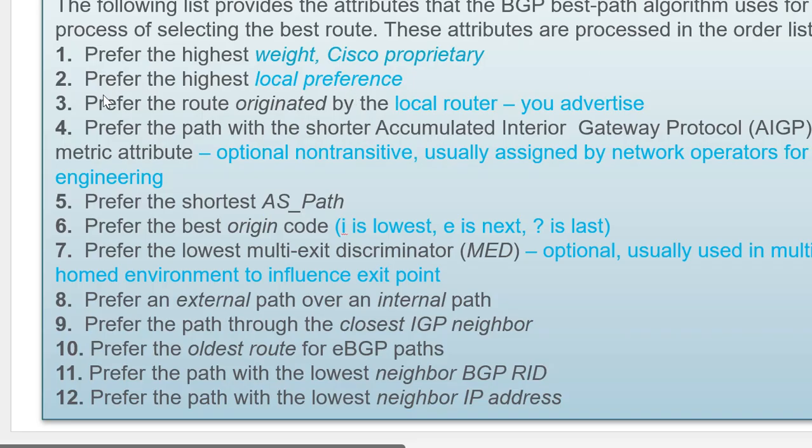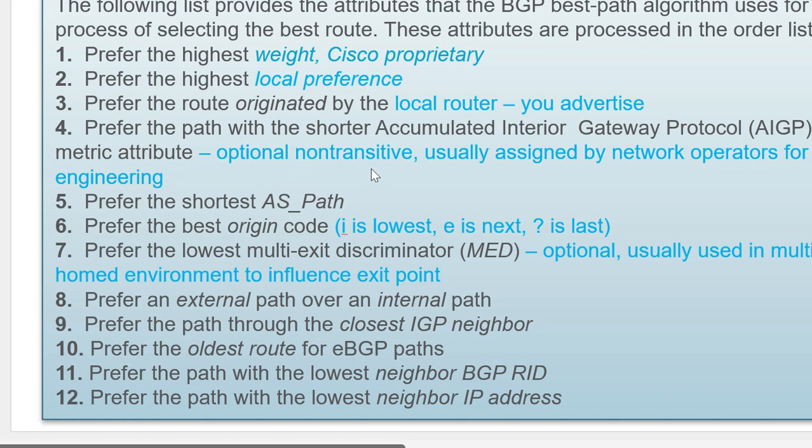We go through weight, which is 0, local preference 100, then prefer the route originated by the local router. Since this is not advertised by router 5, this does not count.